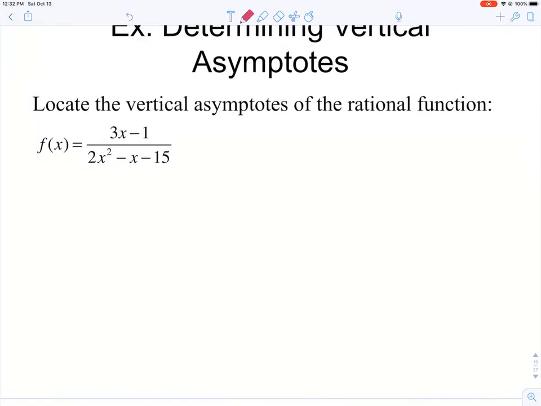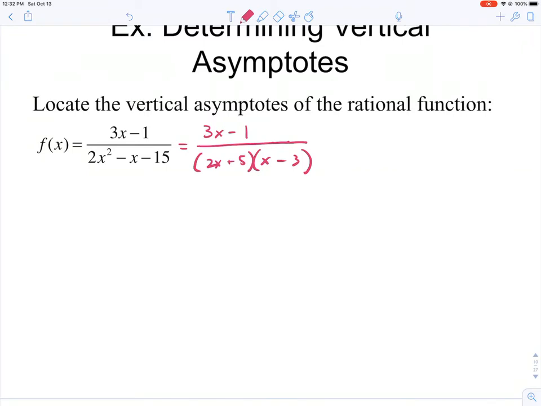All right, so let's look at this function, identify vertical asymptotes. The numerator is already factored because remember we want to check to see if there's any holes first. So let's factor the denominator. So what is that? 2x plus 5, x minus 3. So no common factors, meaning no holes.